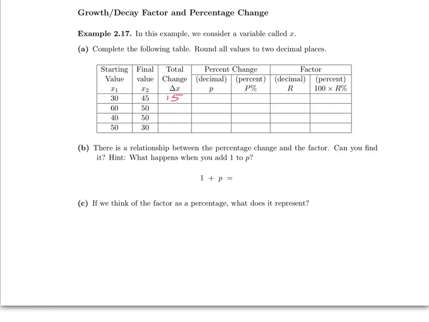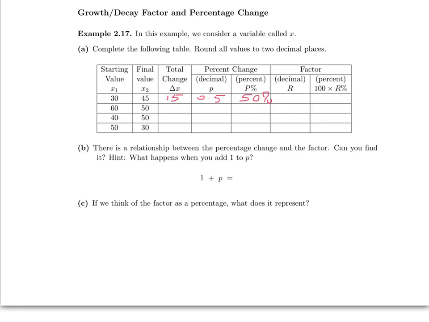Now let's calculate the percent change as a decimal. Recall that we calculate the percent change by taking the total change and dividing by the starting value. In this case, that's 15 divided by 30, which gives us 0.5. If we write that as a percentage, it corresponds to 50%.